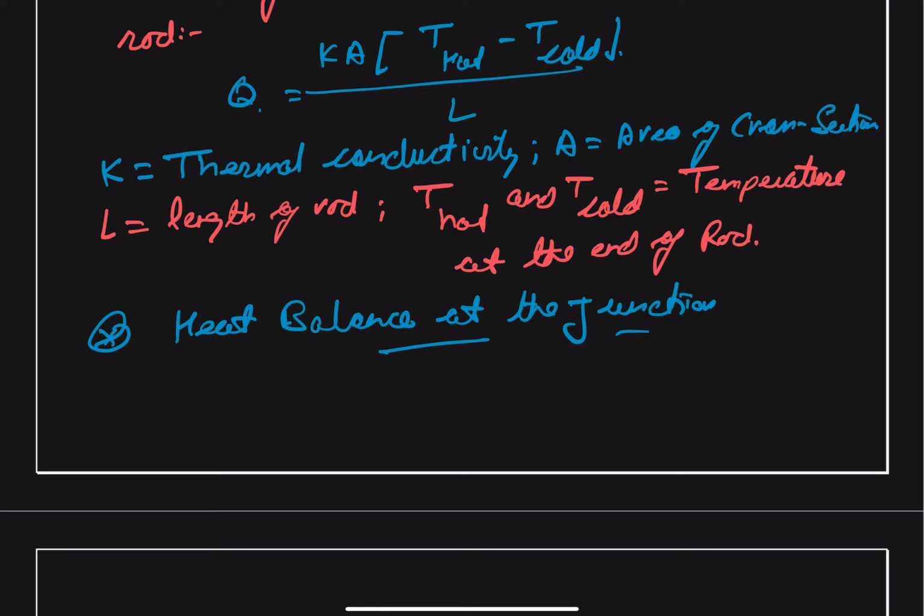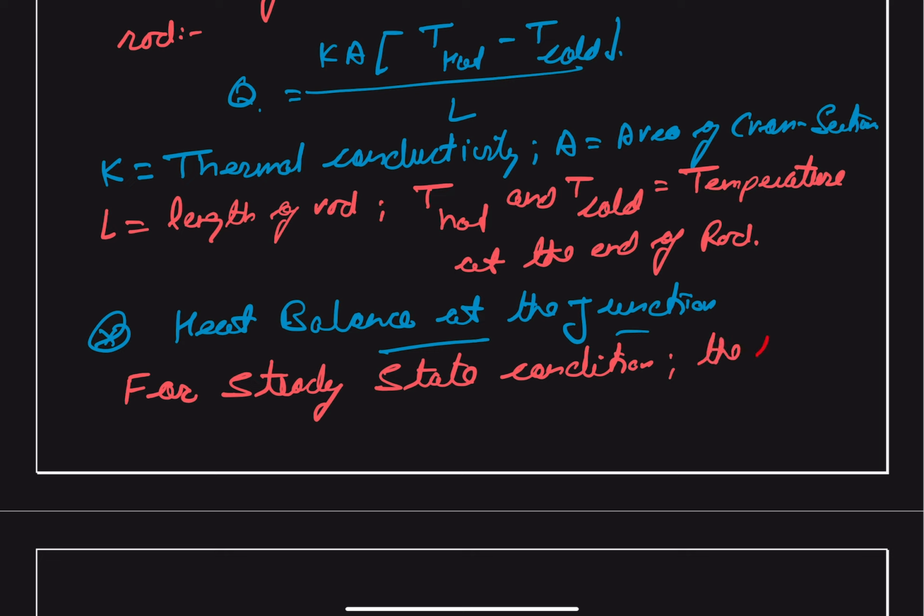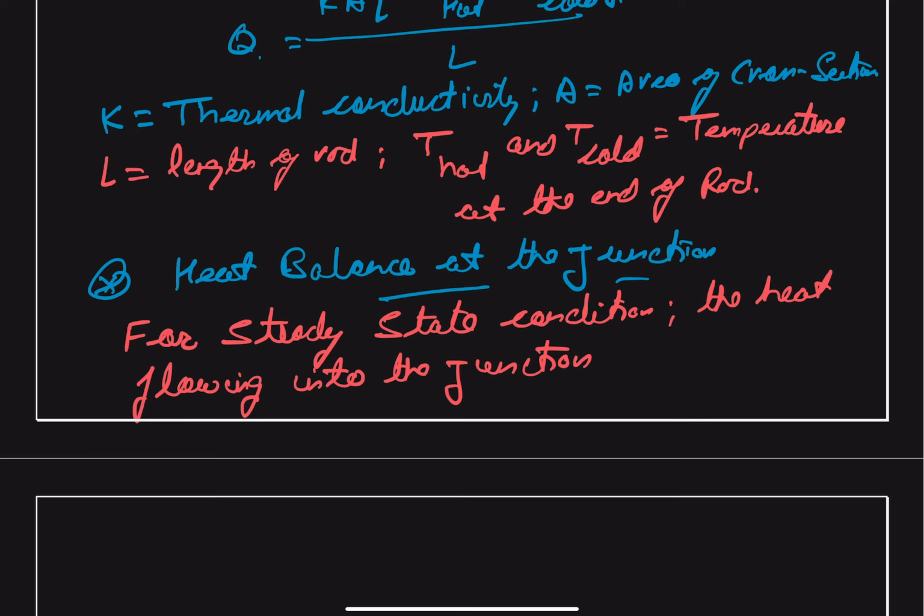So for steady state condition, the heat flowing into the junction must be balanced.